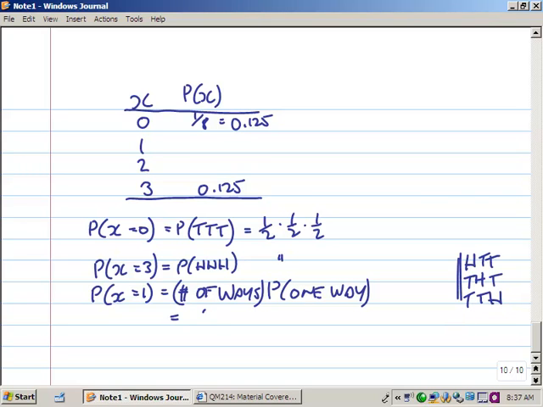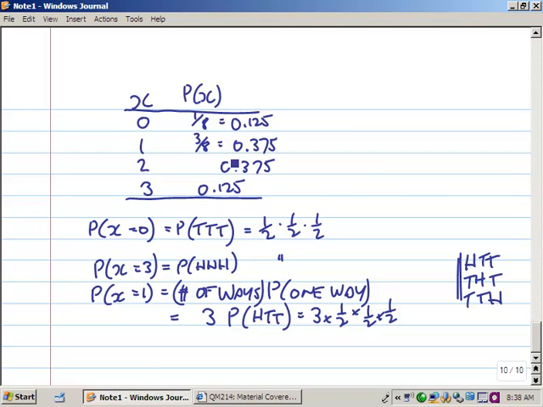Tail, tail, head. 3 ways, times the probability of 1 way, head, tail, tail. Well, that's still a half times a half times a half. It's 3/8, or 0.375, and as we'll see, this distribution is symmetrical, so this is also 0.375, and when you add those up, you'll find that it adds up to 1, as it should.